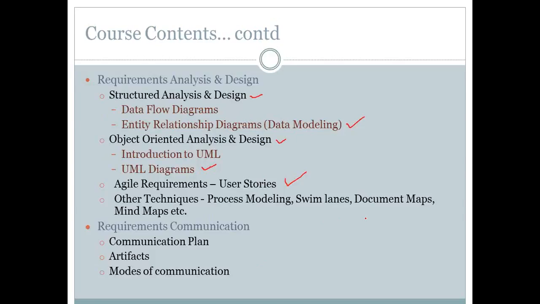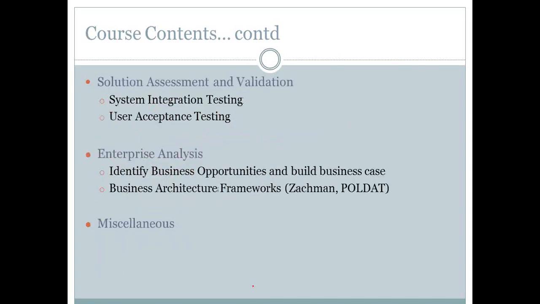Then a small session on communication helps you understand how to create a communication plan, how to identify the artifacts required for communication, how to ensure that information needs of the various stakeholders are met. So that's the overarching objective of the communication knowledge area.